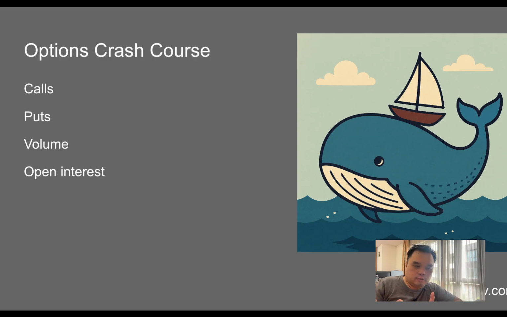And for puts, let's say we have earnings coming up on Apple. We can gauge that normally Apple can fluctuate more than 10% during earnings. Let's just say every stock is different. So the big players who have millions of shares have to secure their positions, okay?